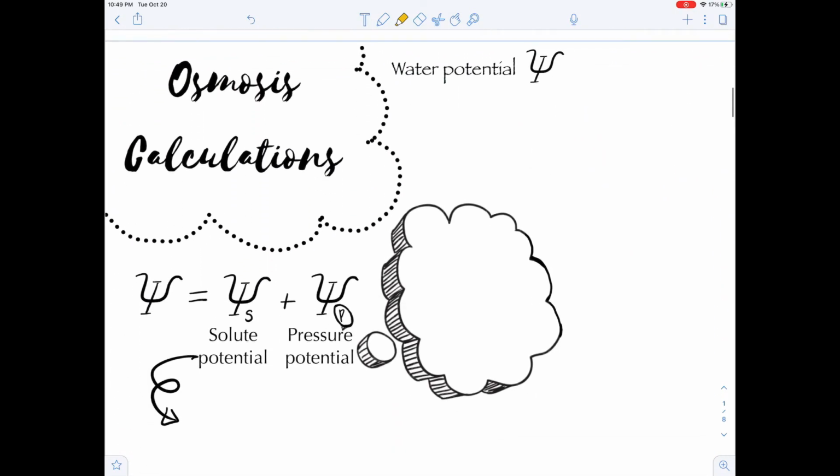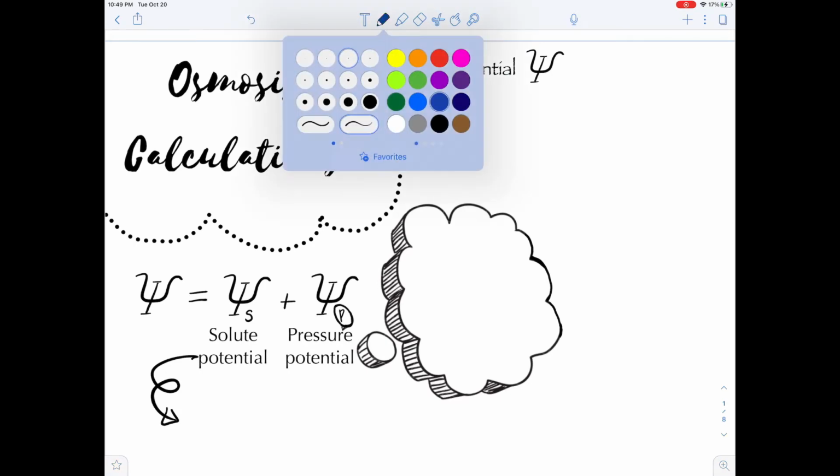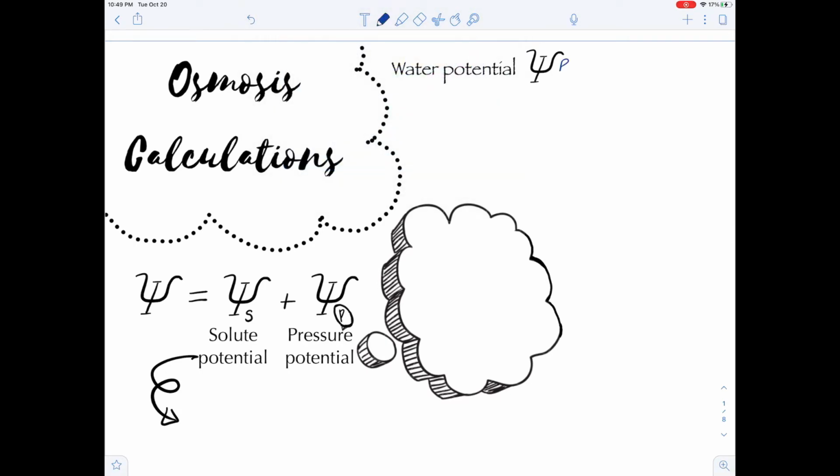Now let's go over to our calculations. So water potential is shown using our term psi. I always like to think of this, you see that the symbol for water potential looks like a trident, and that trident makes you think of water. So that's our symbol for water potential.